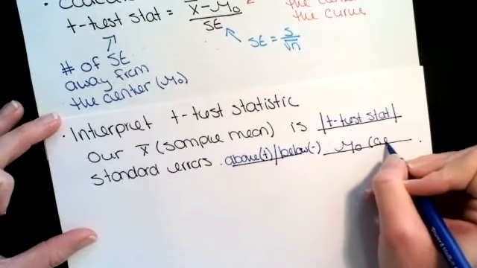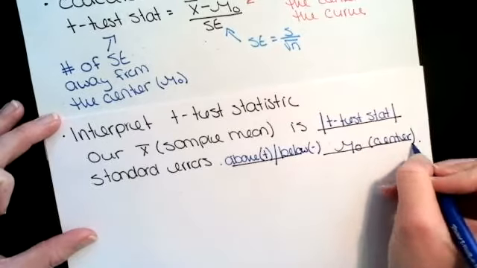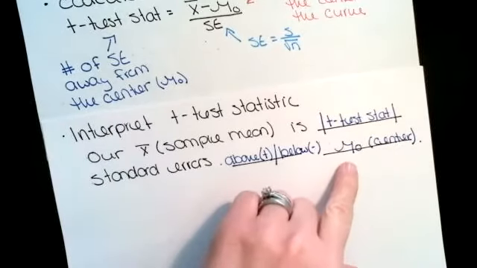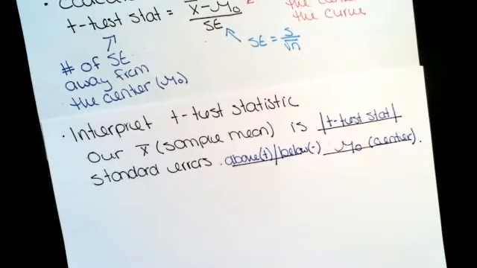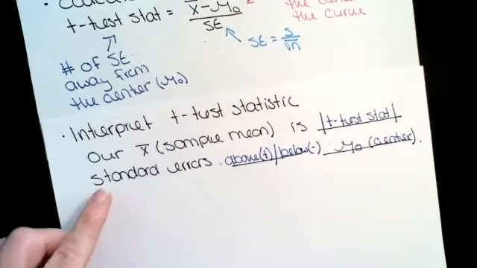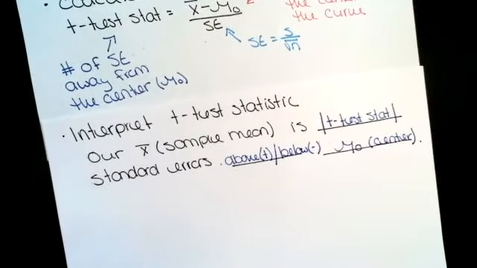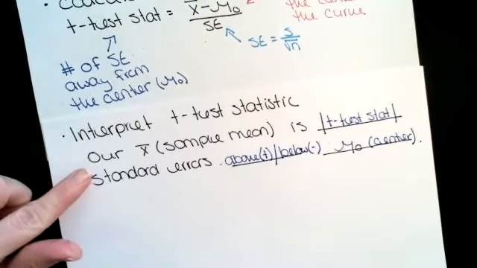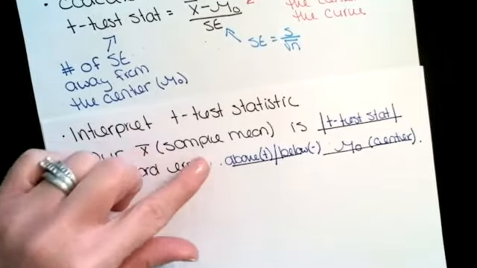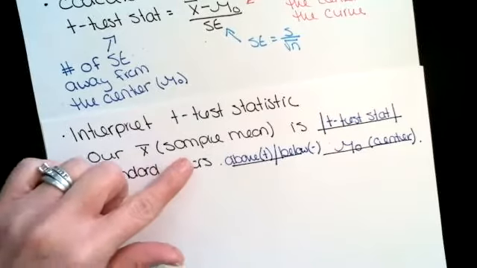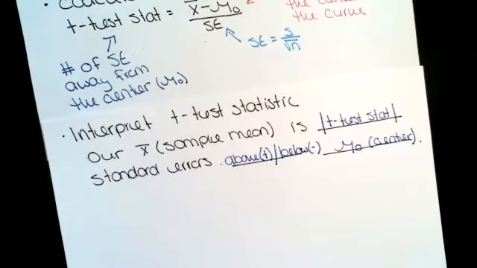So I'm going to put center. So when we go through an example, you'll see I'm just actually going to put the value here. So if the center is 5, I would put 5. Okay. So I just took the meaning and just wrote it out. You can always use this template if you want. Keep in mind, this is for numerical sample mean. If it was proportions, it would say sample proportion or p hat there.